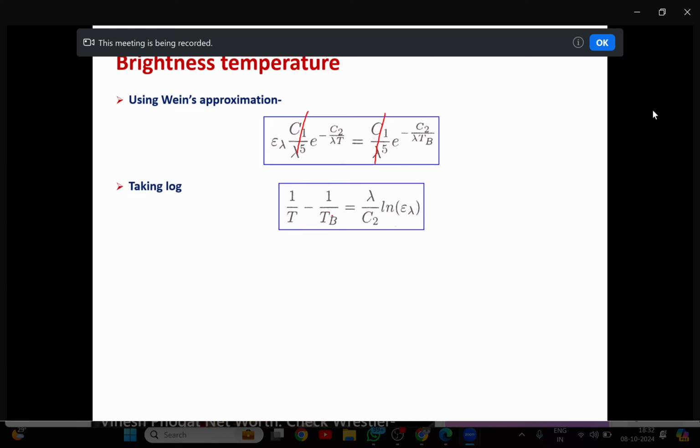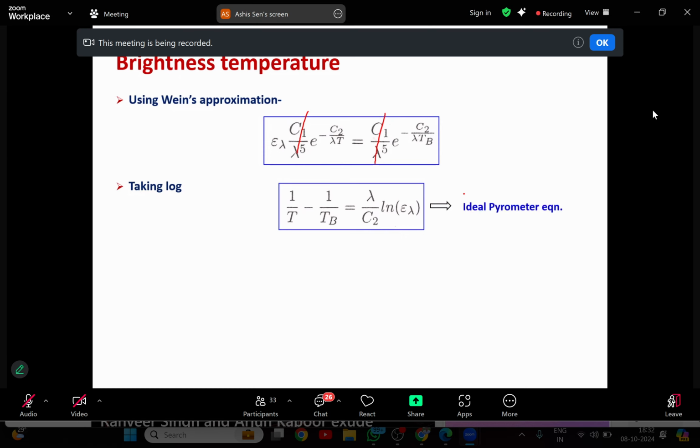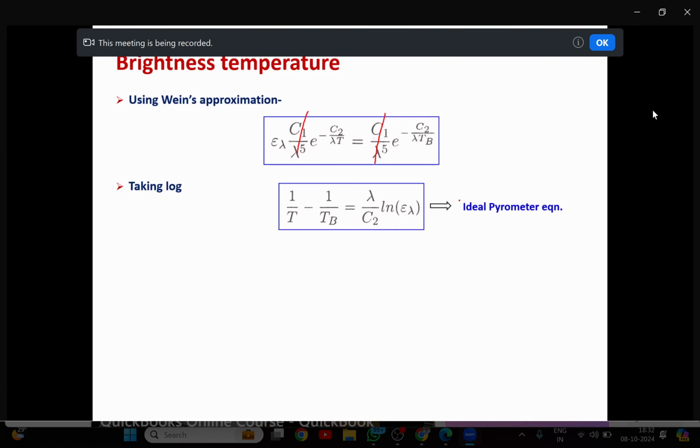So if you do that, you can show that 1 over T minus 1 over T_B is basically lambda divided by C2 into ln of epsilon lambda, which is the spectral emissivity. This equation is known as the ideal pyrometer equation. Okay. Ideal pyrometer equation, because you are going to measure the brightness temperature.